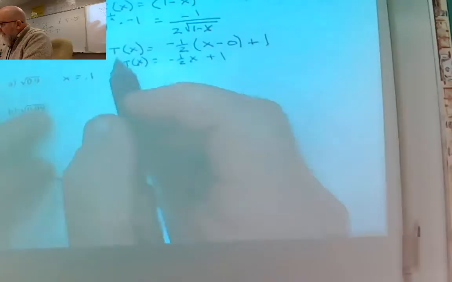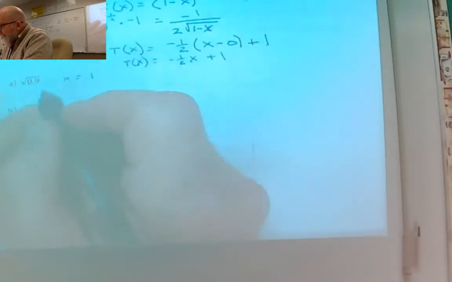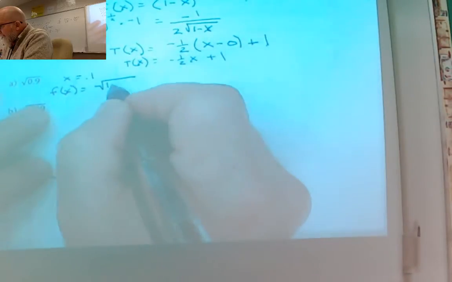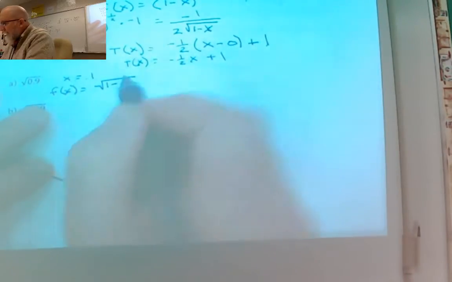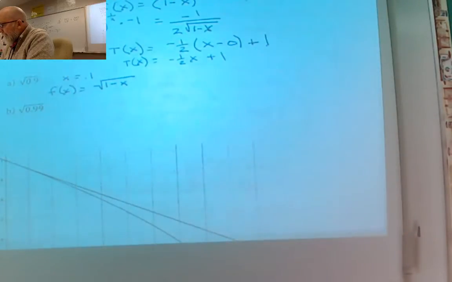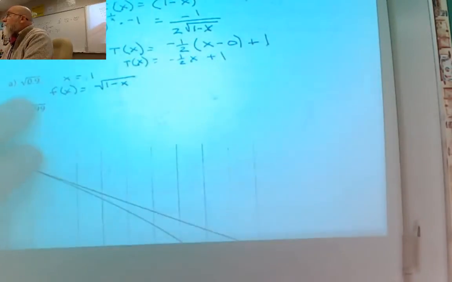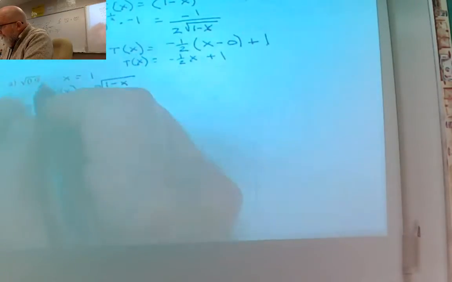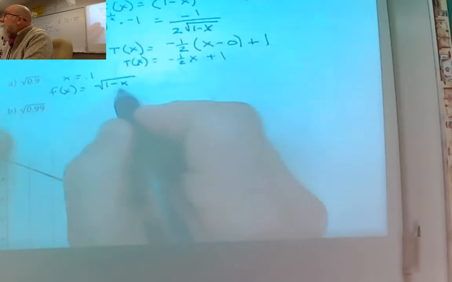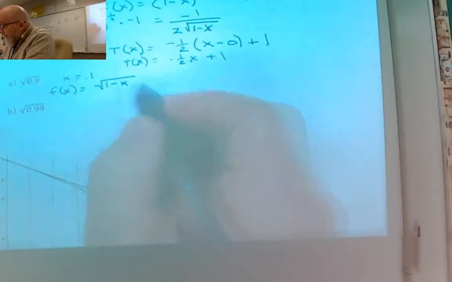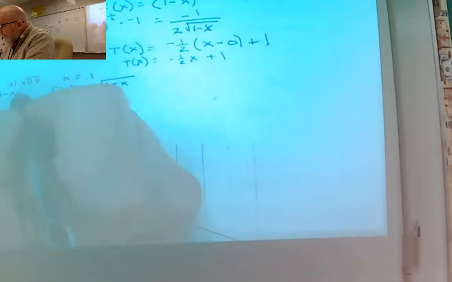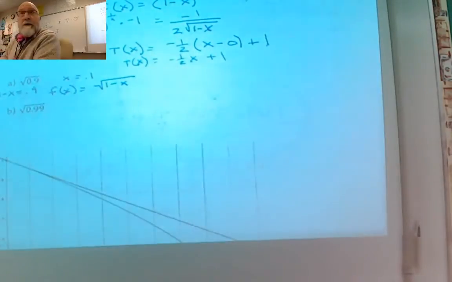So the equation is f of x is equal to square root of 1 minus x. And to get close to 0.9, x has got to be 0.1, correct? Well, look at this. This right here is my function, right? Everybody agree? So really, 1 minus x is equal to 0.9, right?